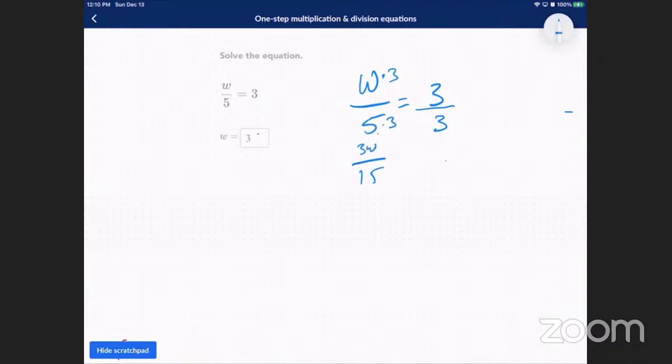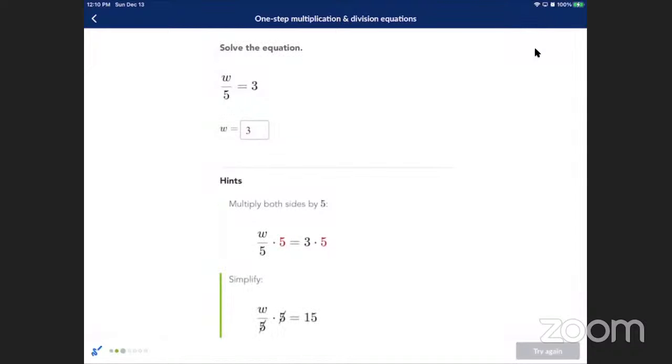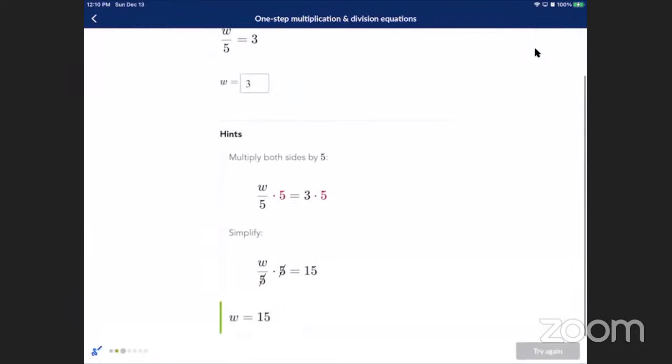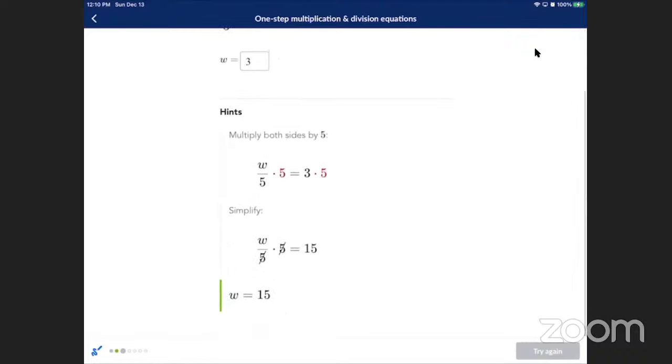All right, what am I doing? I feel like I'm doing it backwards. I had to have that situation set up, which is W equals 15. Okay, so it actually would just be 15.